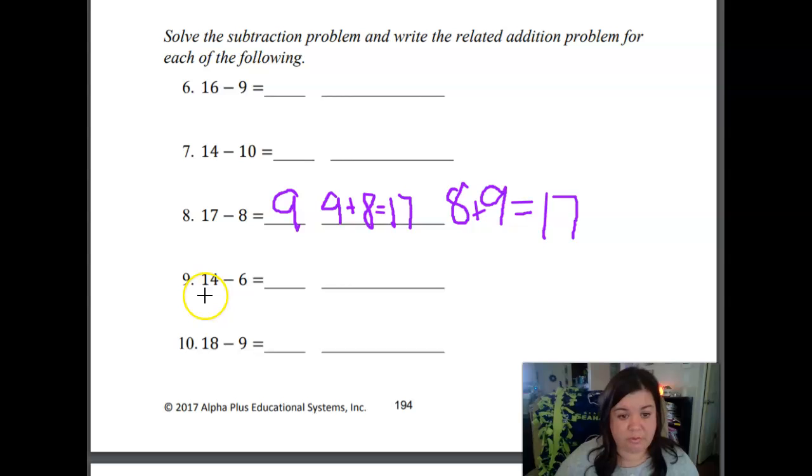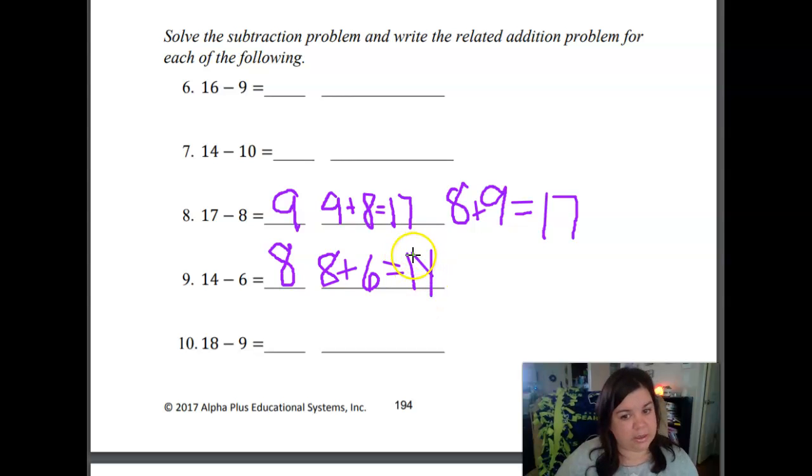Okay, what about the next one? 14 minus 6. What is 14 minus 6? And then what are your 2 addition problems? Pause the video and figure that out now. Find out 14 minus 6 equals 8. Okay, we start with that 8 and do plus 6 equals 14.